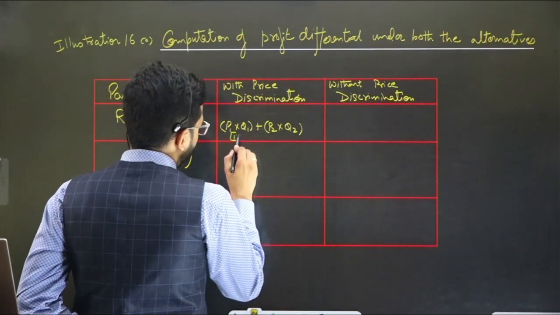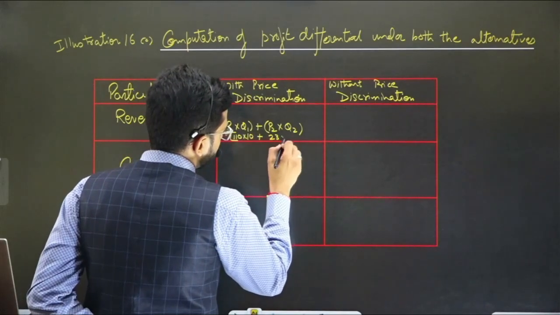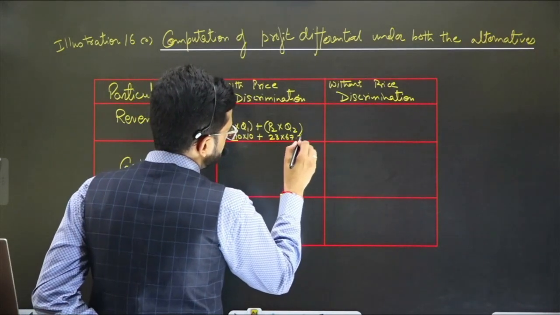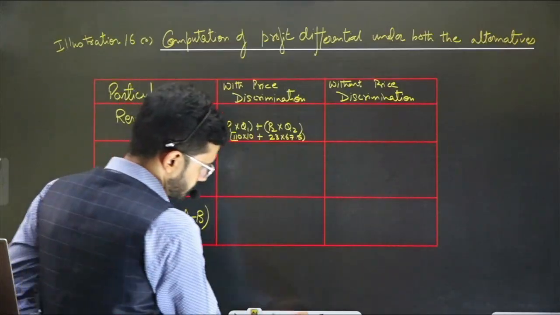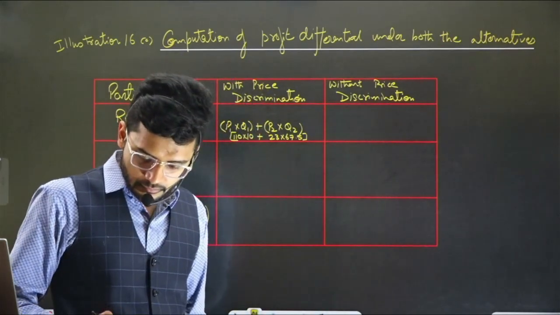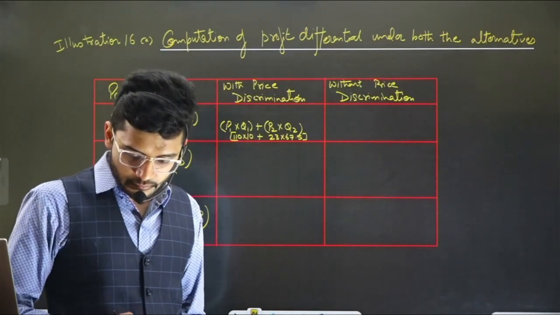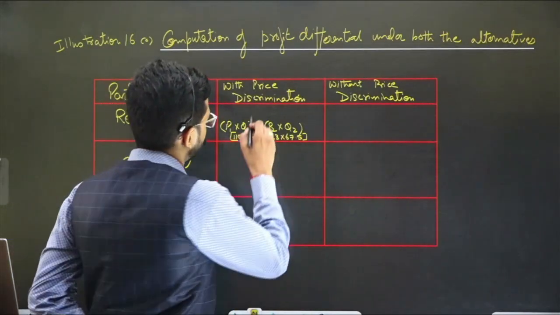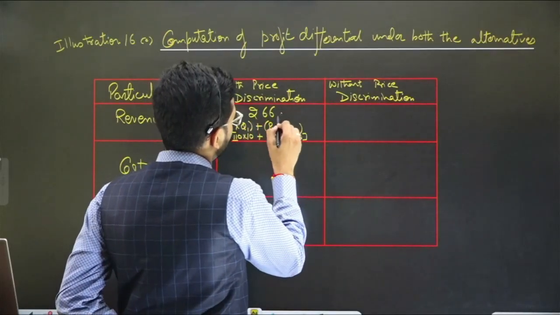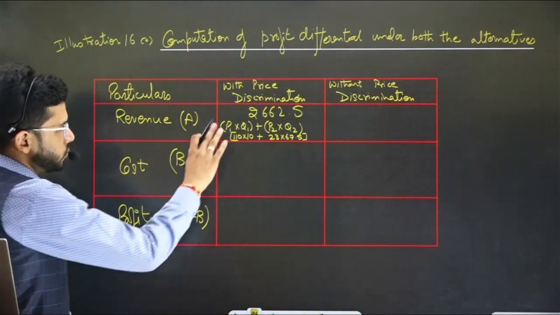This will actually be 110 multiplied by 10 plus 23 multiplied by 67.5. So the revenue will be 2662.5.